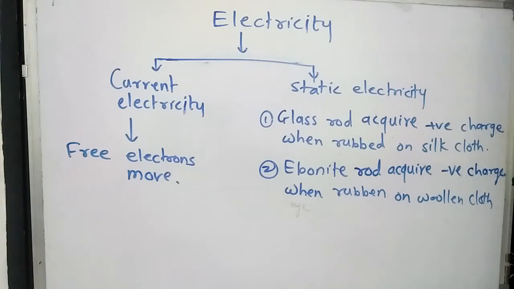Now how are these charges produced? It is due to the transfer of electrons. When the glass rod is rubbed on the silk cloth, electrons are transferred from the glass rod to the silk cloth. So the glass rod gets the positive charge and the silk cloth gets the negative charge, because electrons came onto the silk cloth.